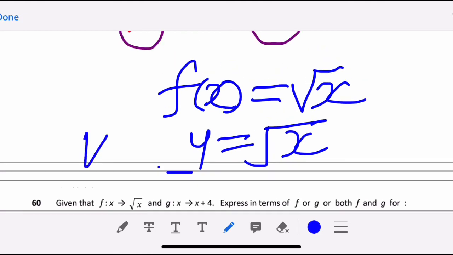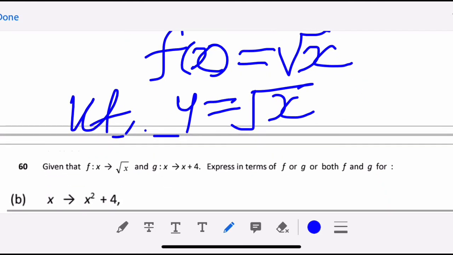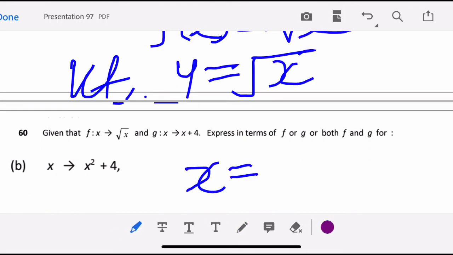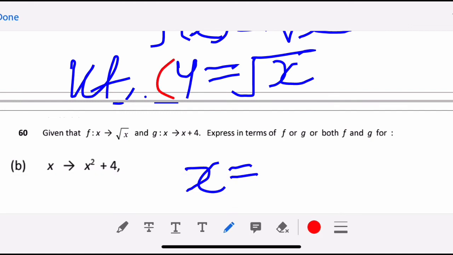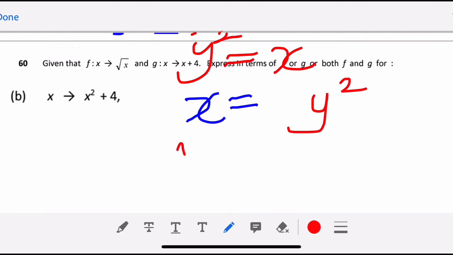You let f(x) equal to y, and then we want to find x. If you can find the x, that is your inverse. So you have to square both sides. Why you need to square it? Because you want to get the x. So x is equal to y squared. Once you got the x, means you got the inverse function for the f, which is x squared.